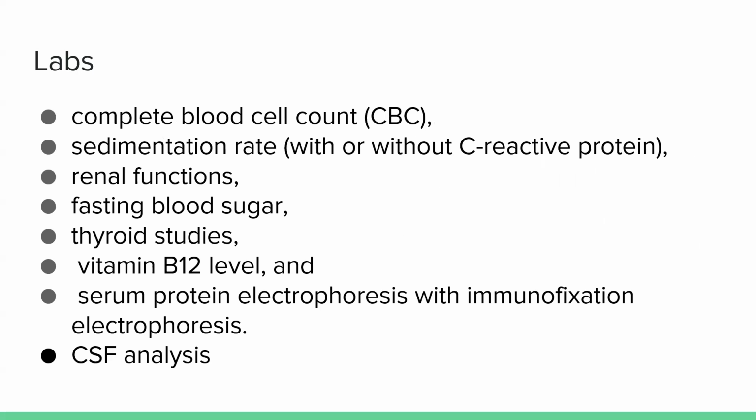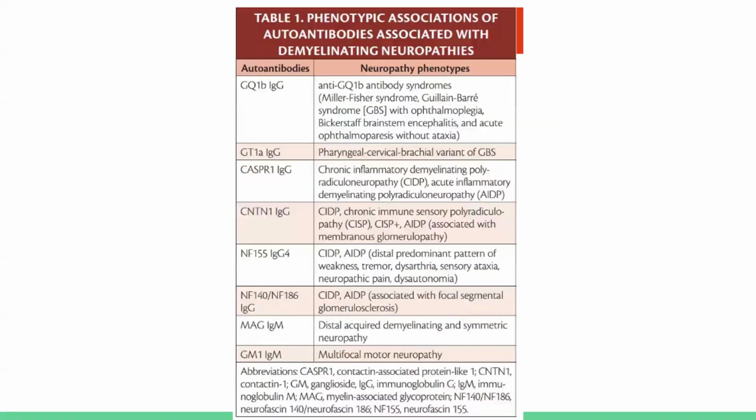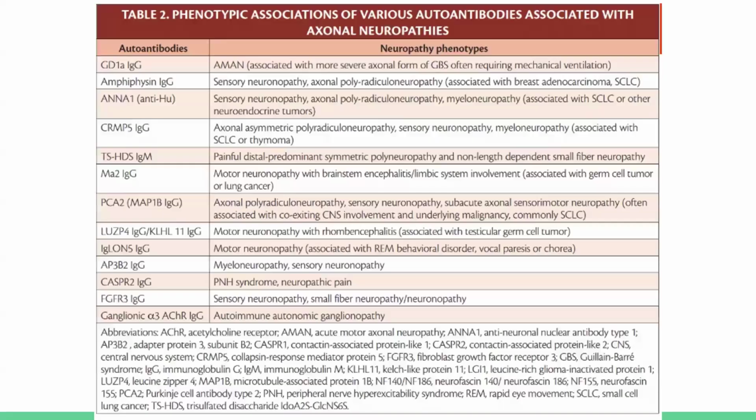Laboratory routine tests have to be done: CBC, ESR, CRP, renal functions, fasting blood sugar, thyroid studies, B12 levels, and CSF analysis. Serum autoantibodies can be helpful in some cases, but I think these are just theoretical at this point.